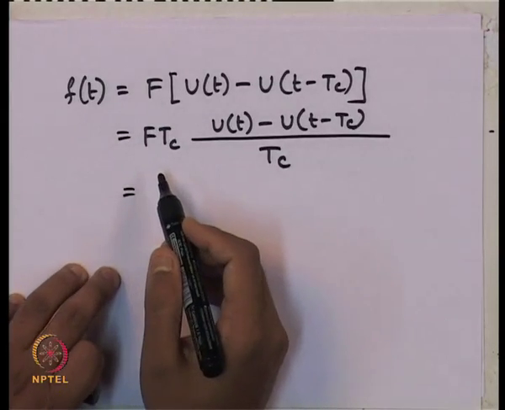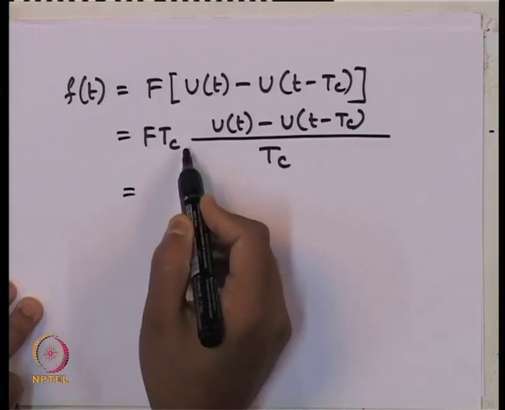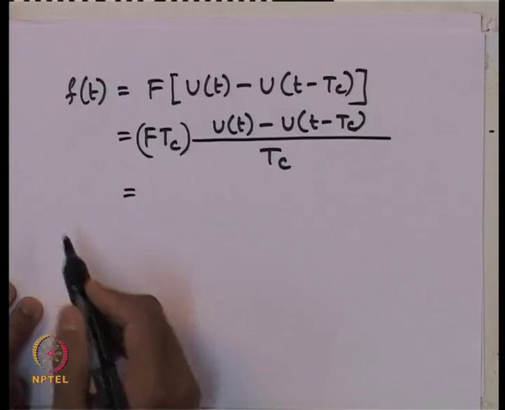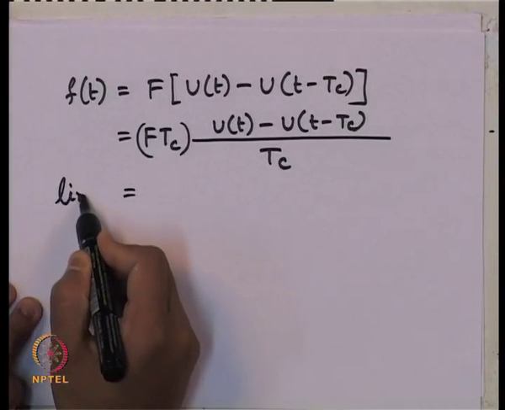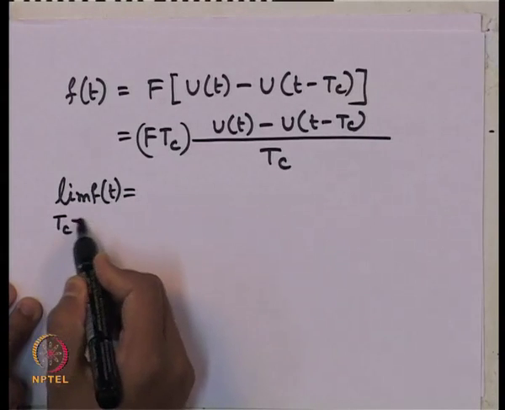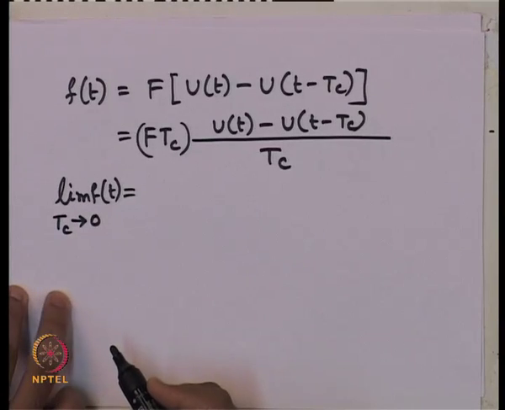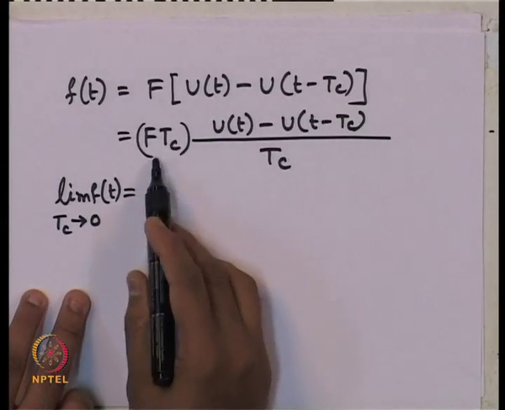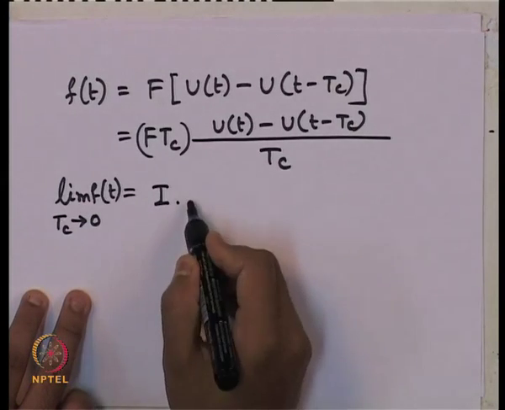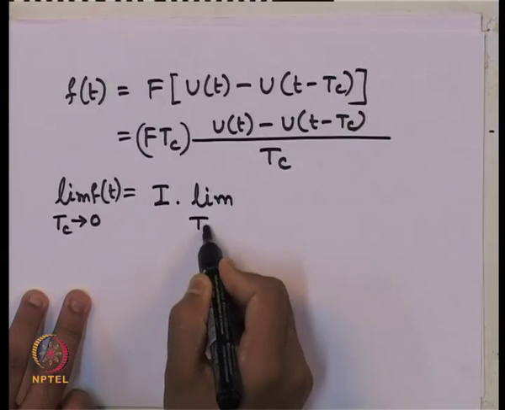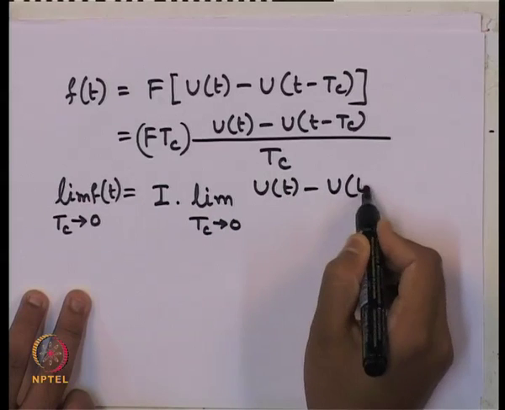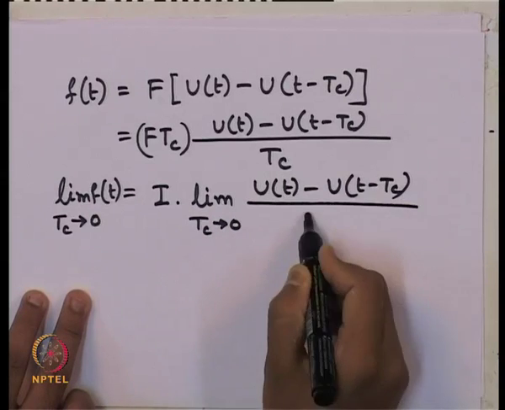What I said, this component is known as I, impact. Now, I am taking limit of this f of t when T c tends to 0. In that case, this is expressed as I, the impact, limit T c tends to 0, of u of t minus u of t minus T c by T c.